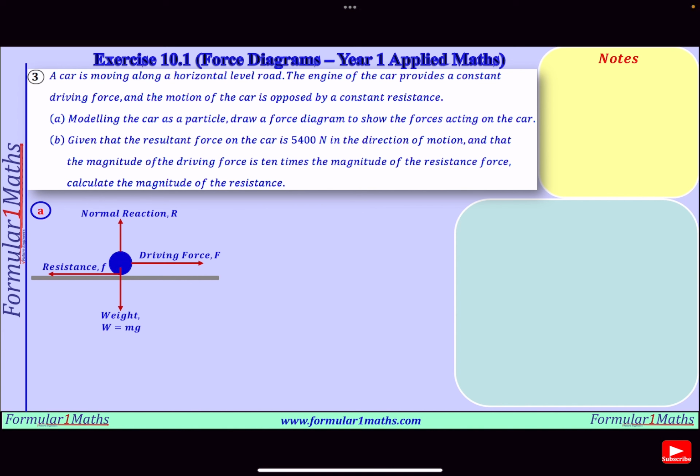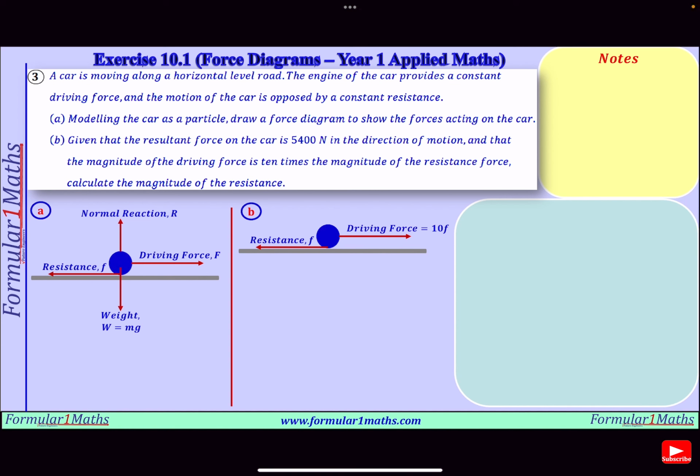For B, if we produce the same diagram here without the weight and normal reaction force, we are told that the driving force is 10 times the resistance force. So let's put those forces in. The resistance force is lowercase f, and the driving force must be 10F. So because we have this situation, and according to Newton's second law of motion, there will be a resultant force.